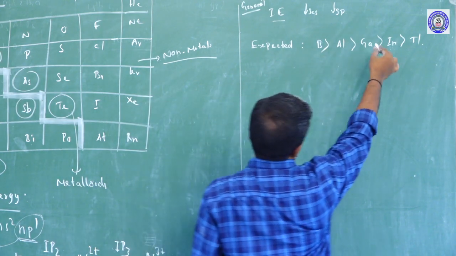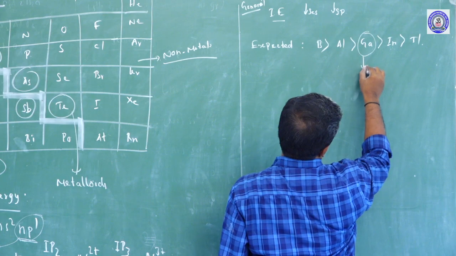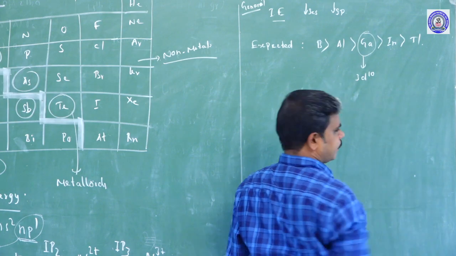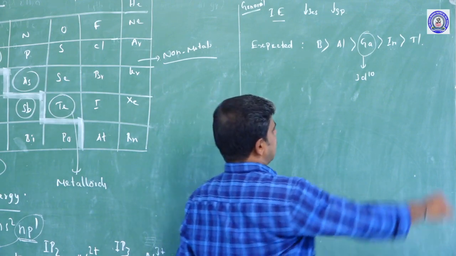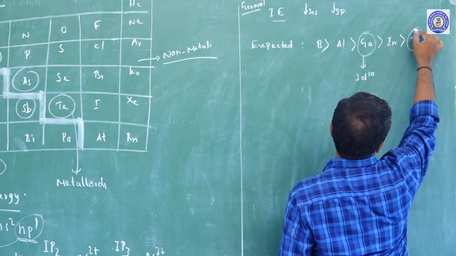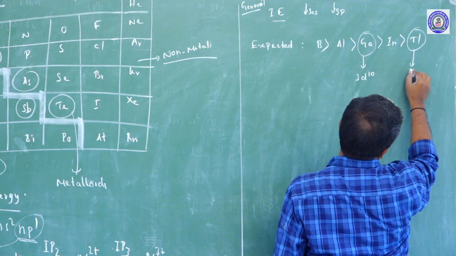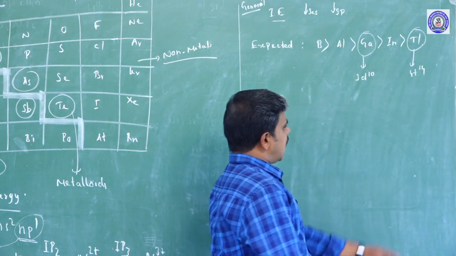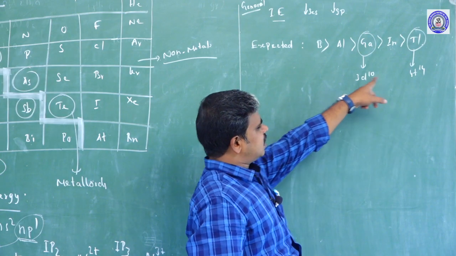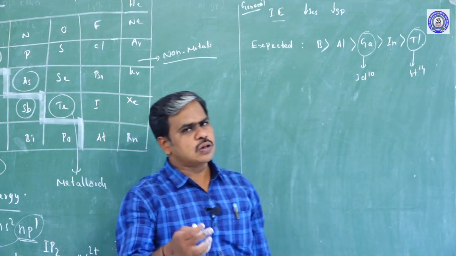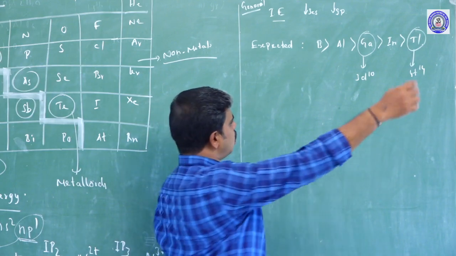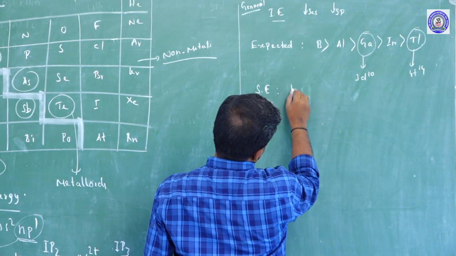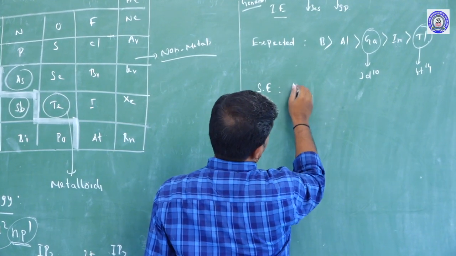If you take gallium, you know that in the electronic configuration it has 3d10, and indium has 4d10. But in the case of thallium, it is 4f14. So the inner shells are 3d10 and 4f14. And you know the shielding effect order. What is the shielding effect order?